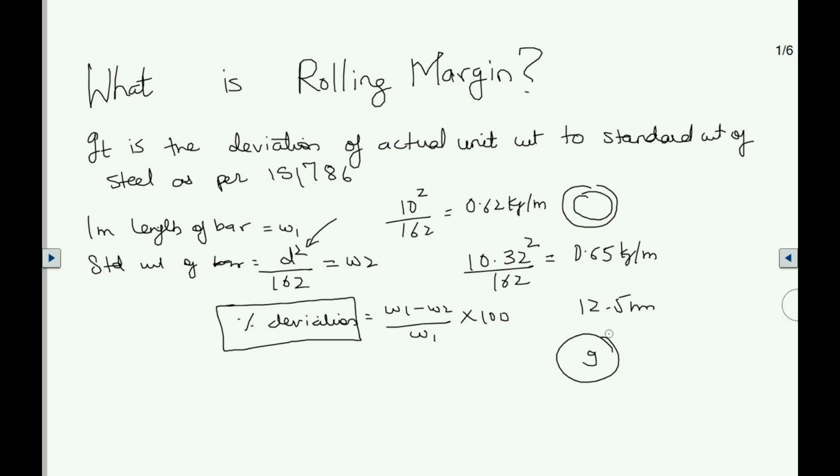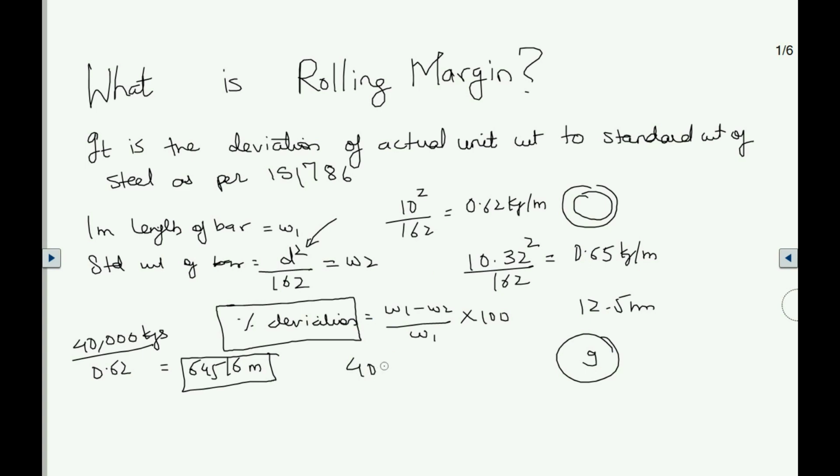Let's say you ordered 40 tons of steel, so 40,000 kgs, and the standard weight of a 10 mm bar is 0.62 kgs per meter. The length that you should receive will be 64516 meters. But due to the rolling margin error, if you receive 10.32 mm diameter bars, then the weight per meter will be 0.65.